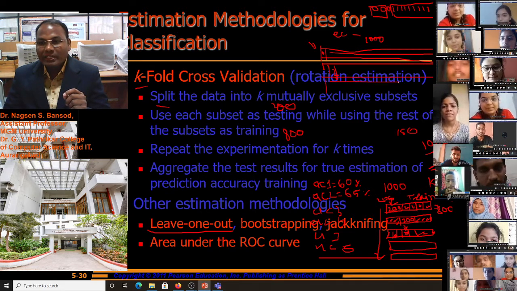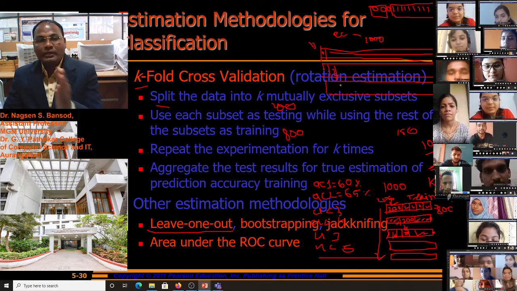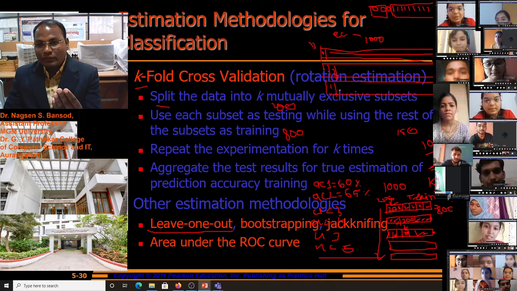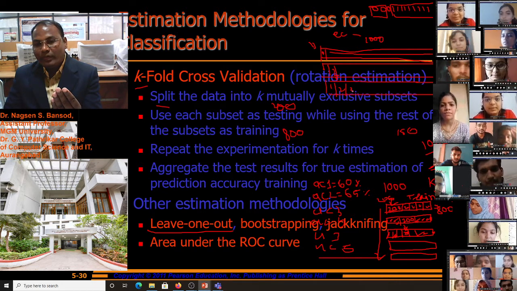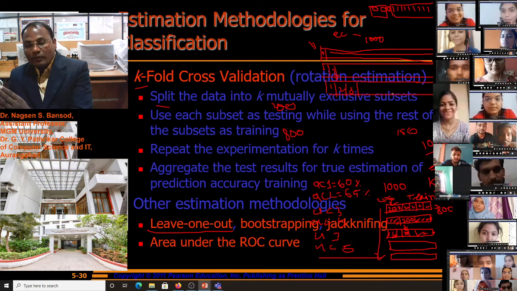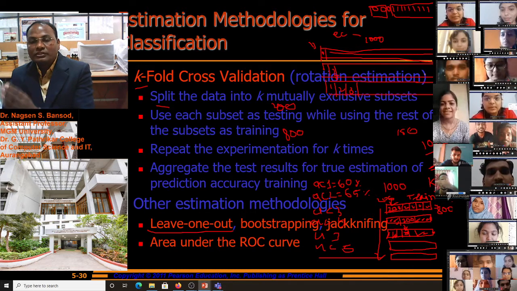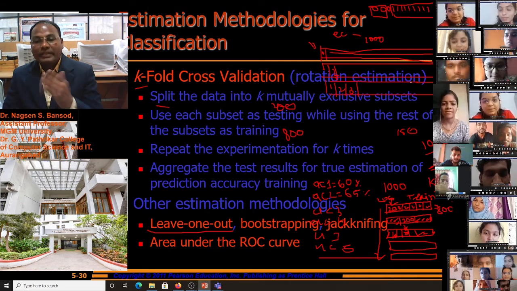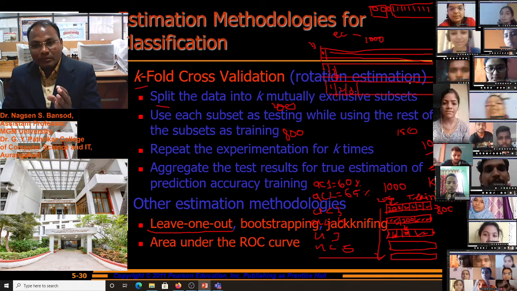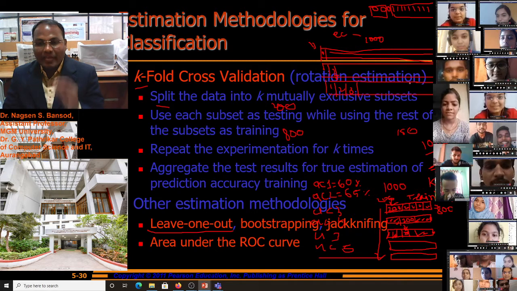This experimentation will be very time consuming. Why? Because we are taking only one sample for testing, so very many iterations are required to classify all the records, hundreds of records, thousands of records. Depending upon the data size, the experiment will take time for classifying the accuracy.